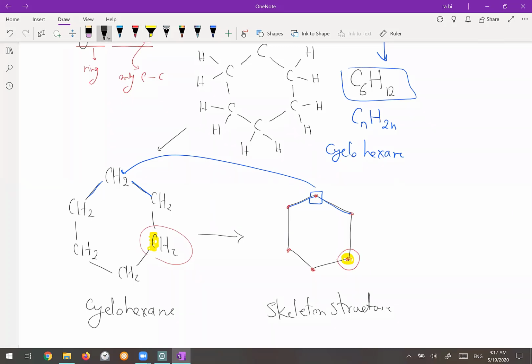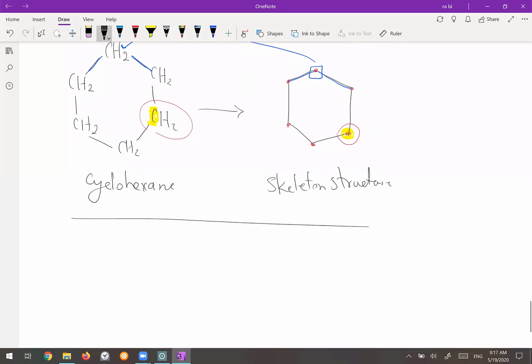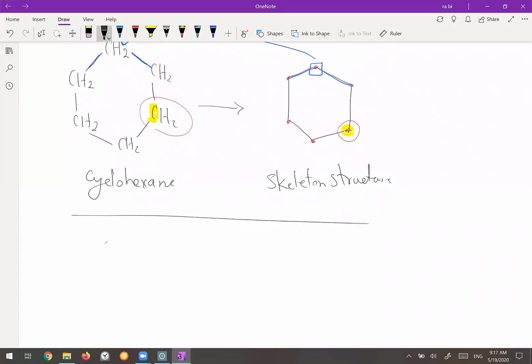alkanes. So I want to draw another member of the cycloalkane, and you tell me what is the name of this one. How many carbon do I have here in this structure? 5. I have 5 carbon. One is here, 2, 3, 4, 5 carbons. And how many hydrogens? 10. 10 hydrogens, twice the number of the carbon.